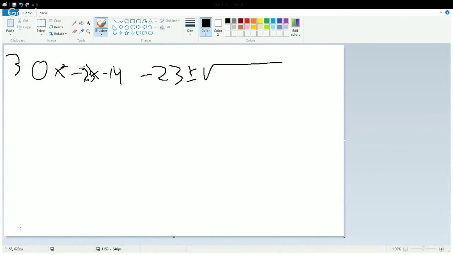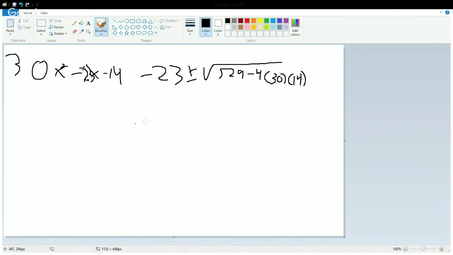I just need to get 23 squared here. So that's going to be 23 squared, okay, so 529 minus 4 bracket 30 bracket 14.